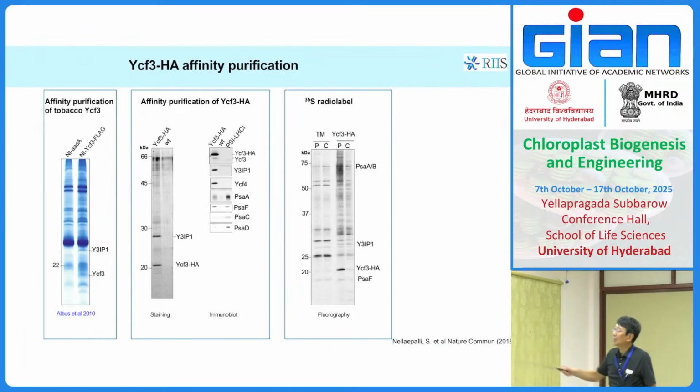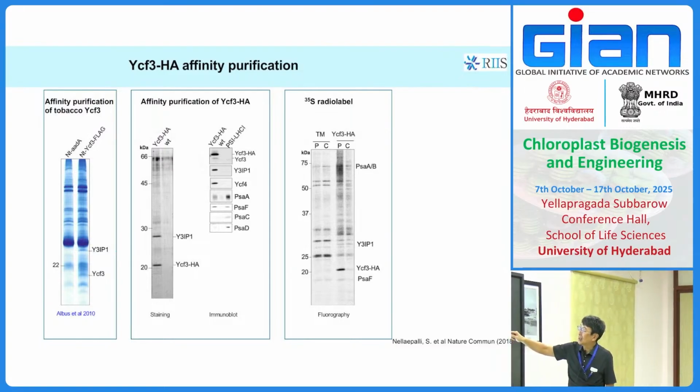So this is YCF3-HA affinity purification. This is the result. We use wild type as a negative control. You don't see practically anything, but there may be some band here.